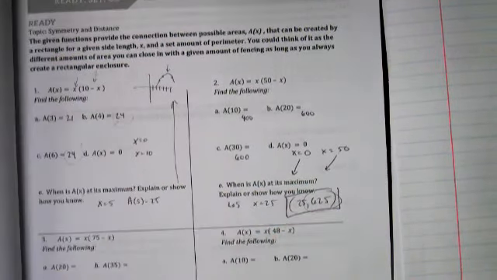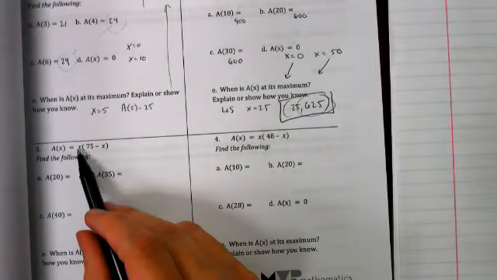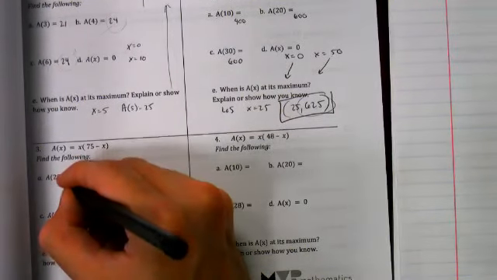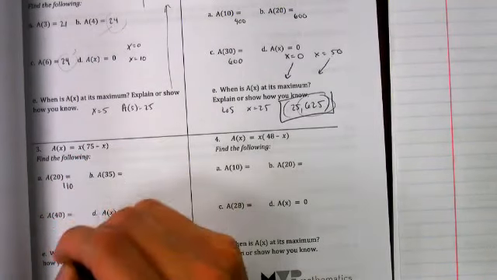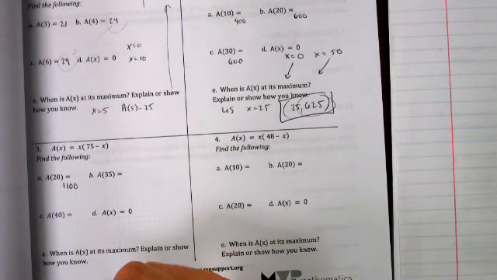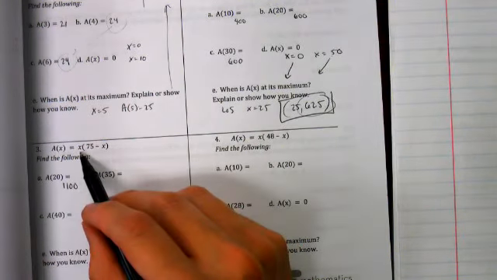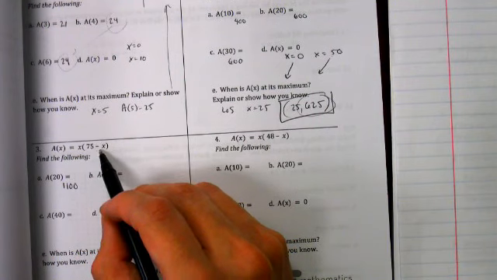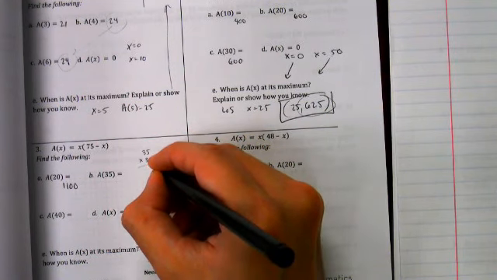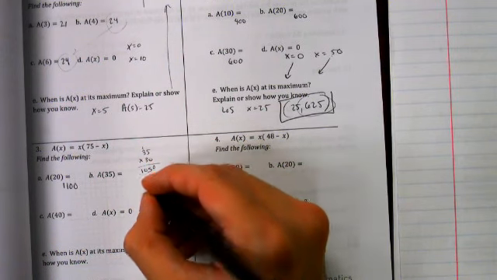Okay, let's keep going. Find the following. So if I plug in 20, that's 20 times 55. So that's going to be 1,100. Is that right? Yeah, 20 times 55, that's right. If I plug in 35, I get 35 times 30. And 35 times 30 is going to be 1050.